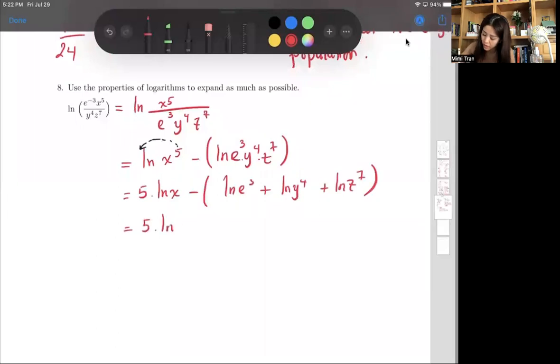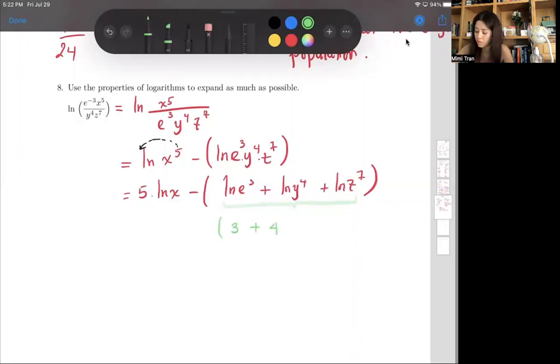I don't feel like rewriting the 5 times ln of x, so what I'm going to do is simplify this one. So that one is what? ln e is 1, right? So it's going to be 3 plus what?